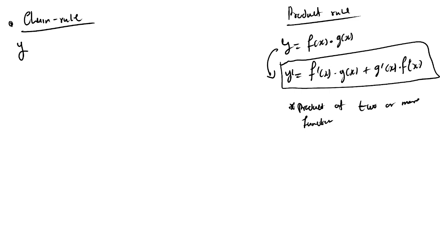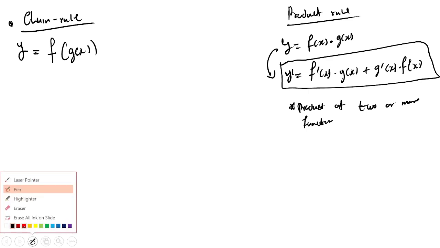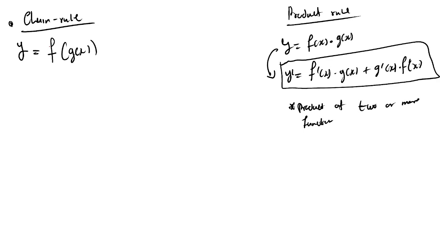Suppose you're having your function, which is y is equal to f of g of x. Where do we use the chain rule? We use the chain rule whenever we have a composite function. We have an outer function, which is f. This is the outer function, and then this g here is the inner function.